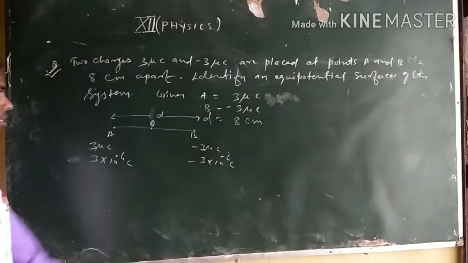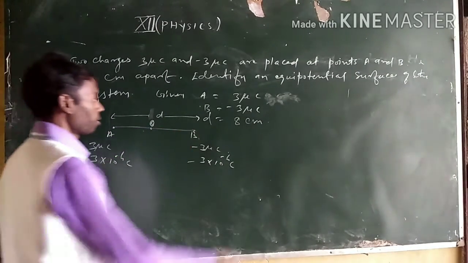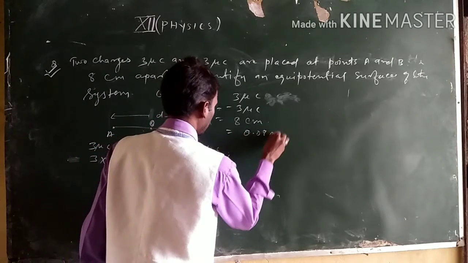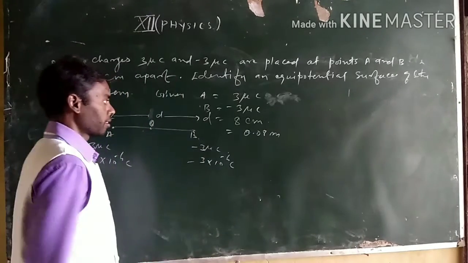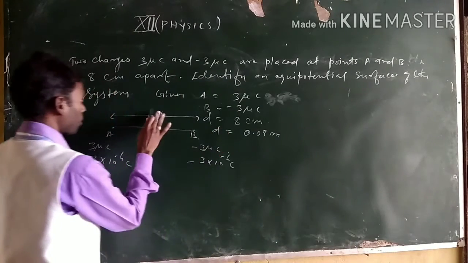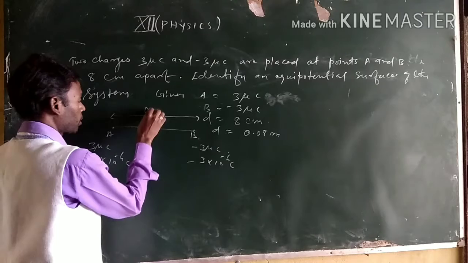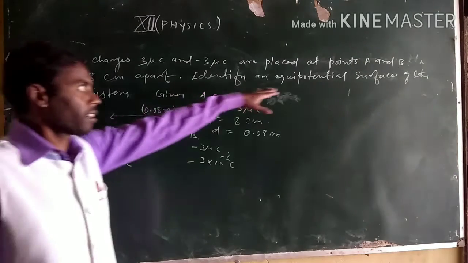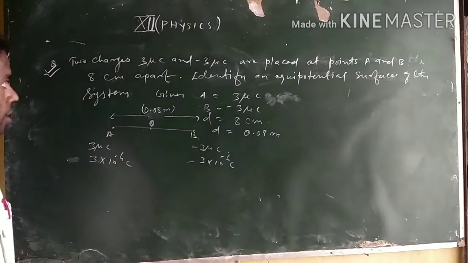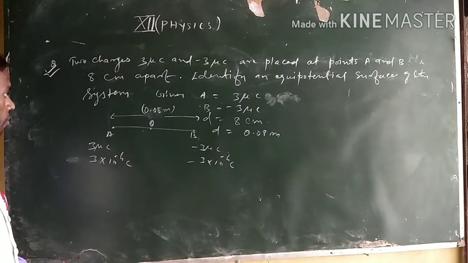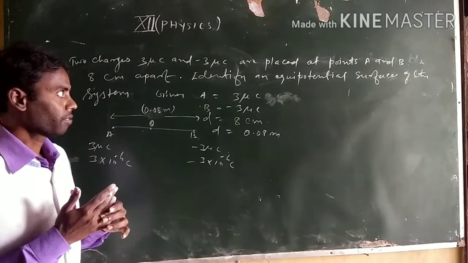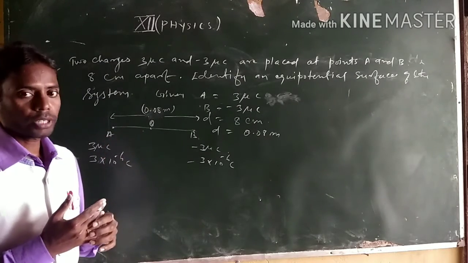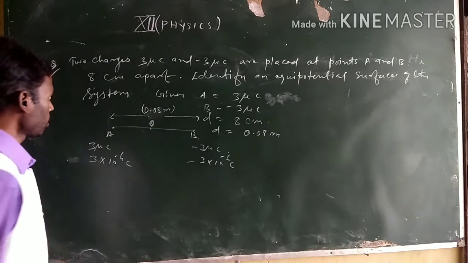The distance 8 centimeter is 0.08 meter. We have to identify at which point we get the equipotential surface.